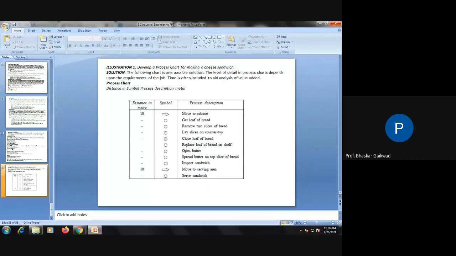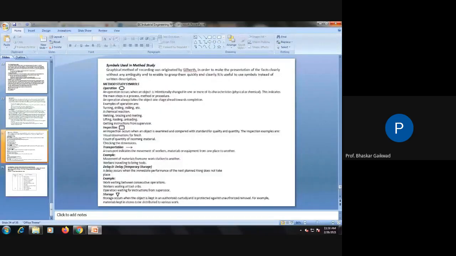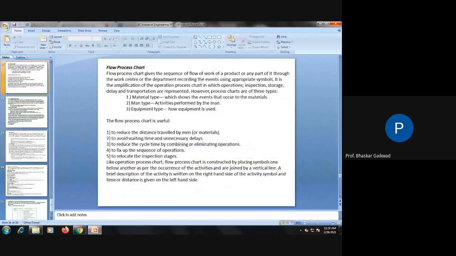Those examples I will show you, examples related to material, man, and equipment. Theoretically I have explained; graphical representations with symbols I am going to show in coming days on the blackboard.